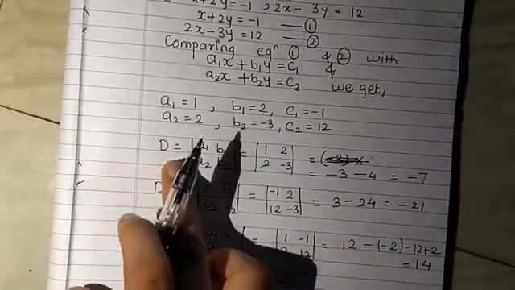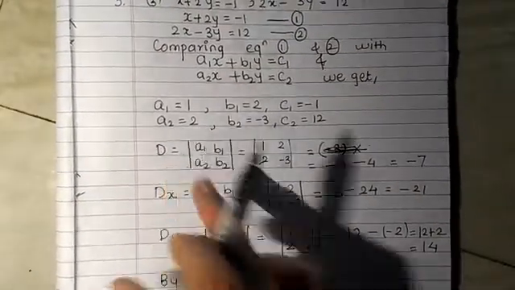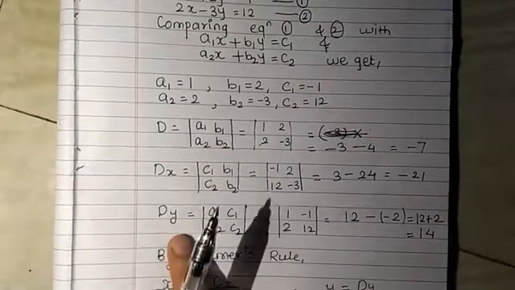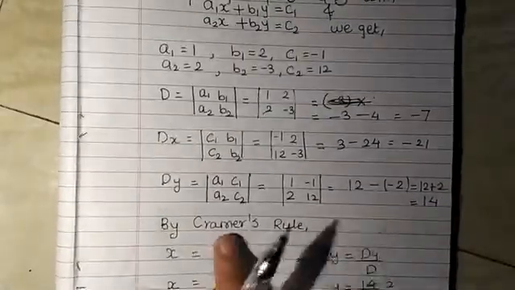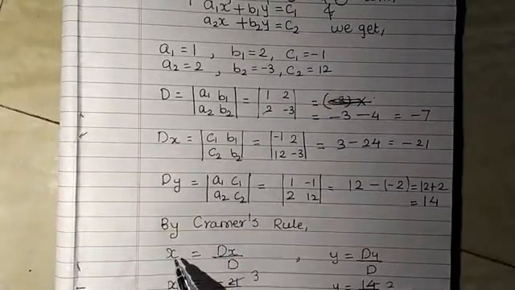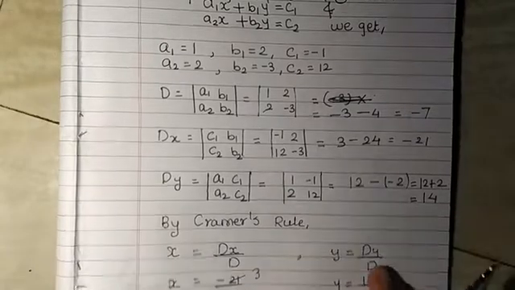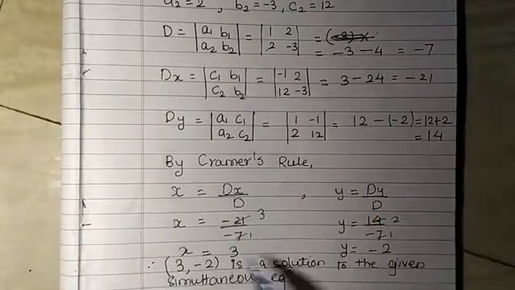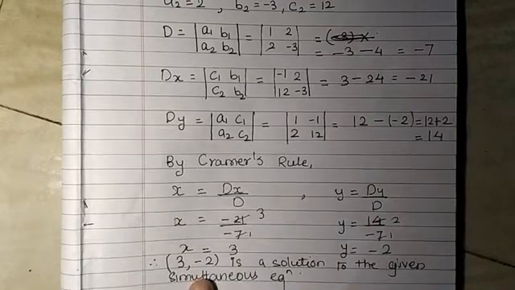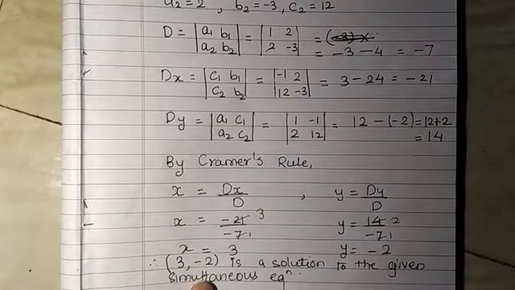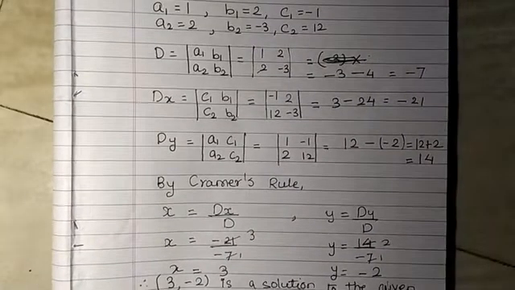After getting this, you will find out the value of D, then Dx, then Dy, and finally by Cramer's rule you will get the values of your variables x and y, which I am getting here as 3 and -2, and you will write down the answer in words, which will give you full marks for this question.